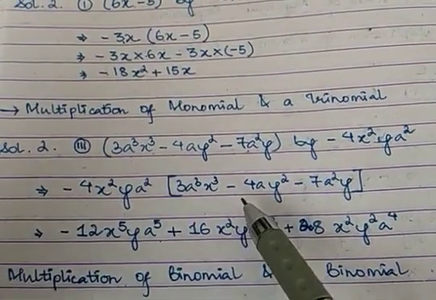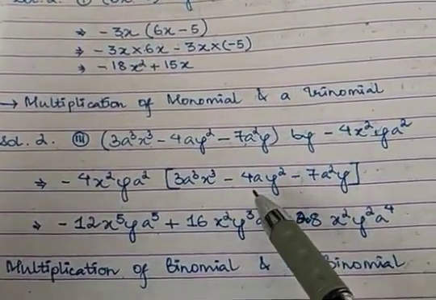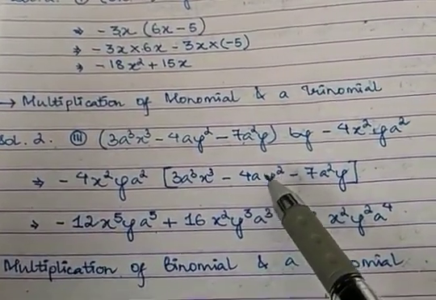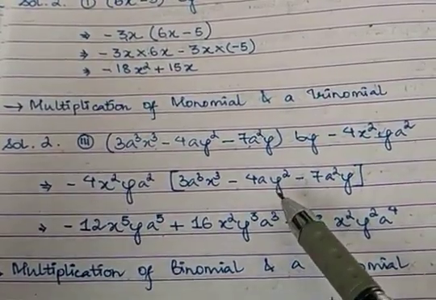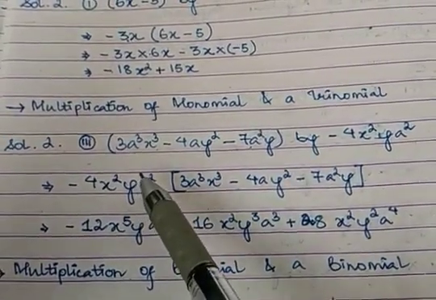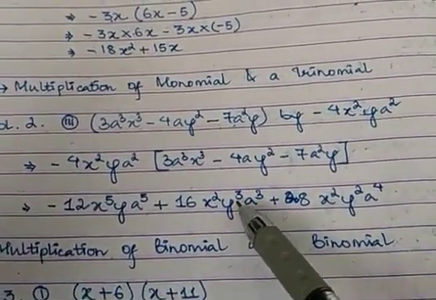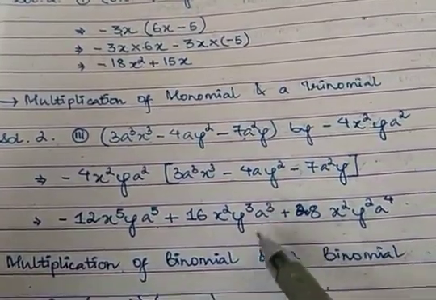So minus into minus, it is plus. Again constant terms first, 4 into 4 is 16. Now x squared, do we have x squared in the second term? No, so it will remain as it is. Do we have a term y in the second term? Yes, we have y squared. So y power is 1, y power is 2, they will be added because we are doing multiplication. So y to the power 3. Now a squared, yes, we got a, so a cube.